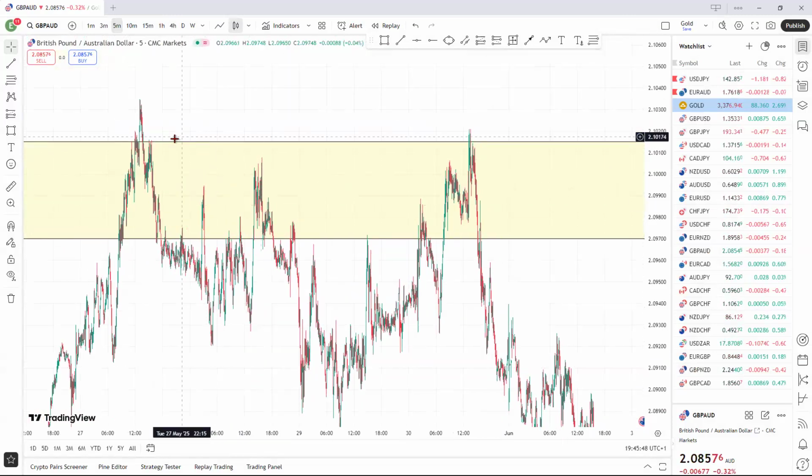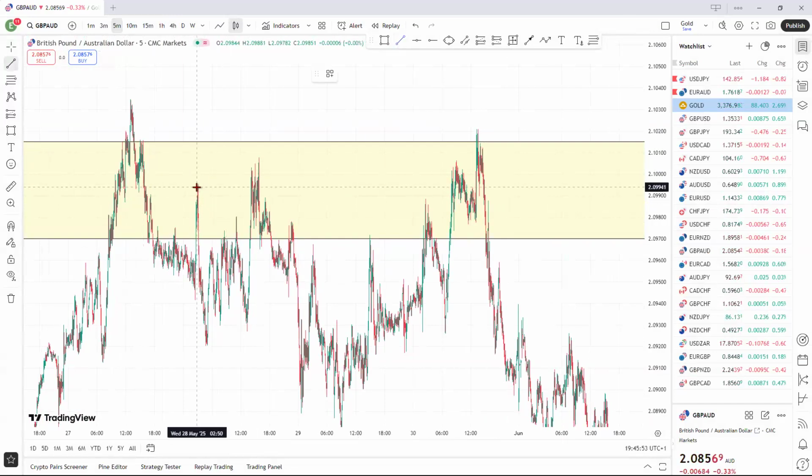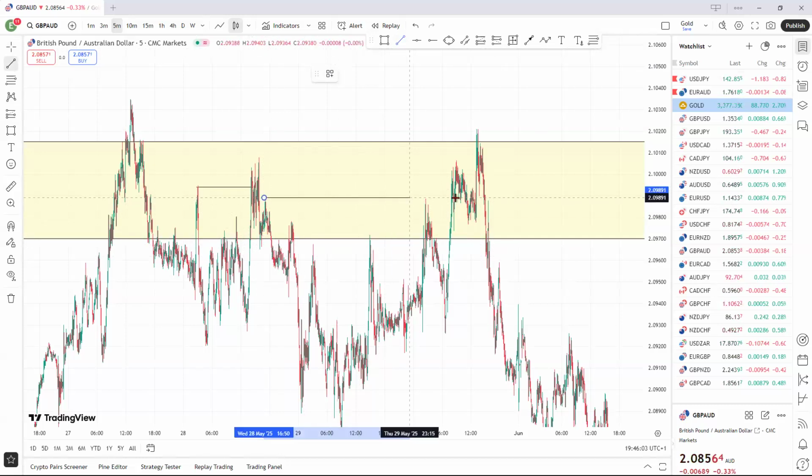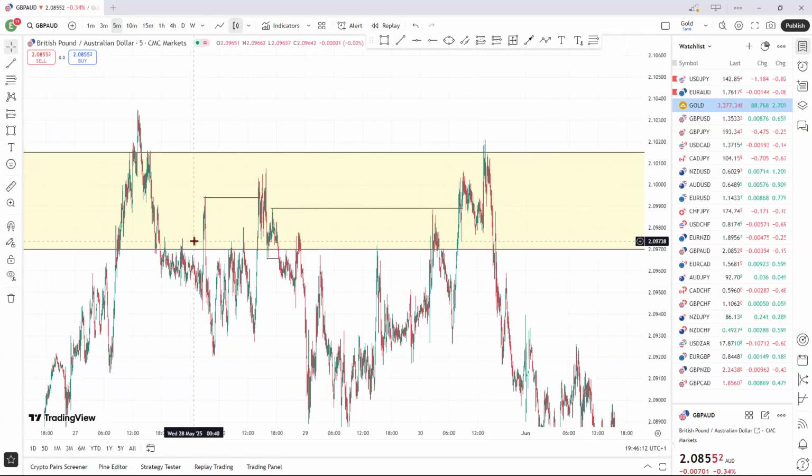There is a liquidity sweep here. There's a break of structure to the downside. There's a retracement here, and that gave us our structural liquidity here. And there was a second break of structure to the downside down here again, if you look closely.